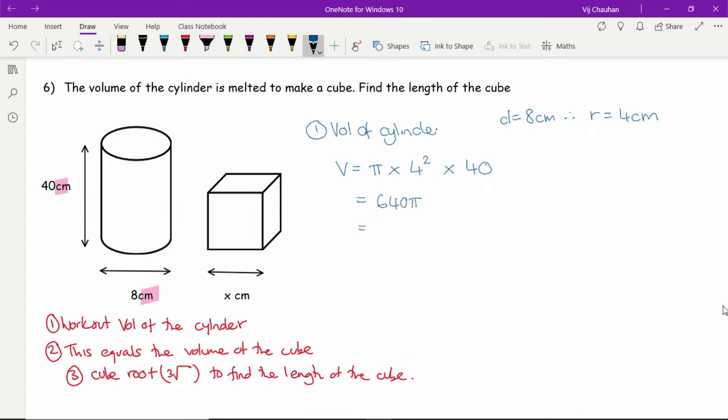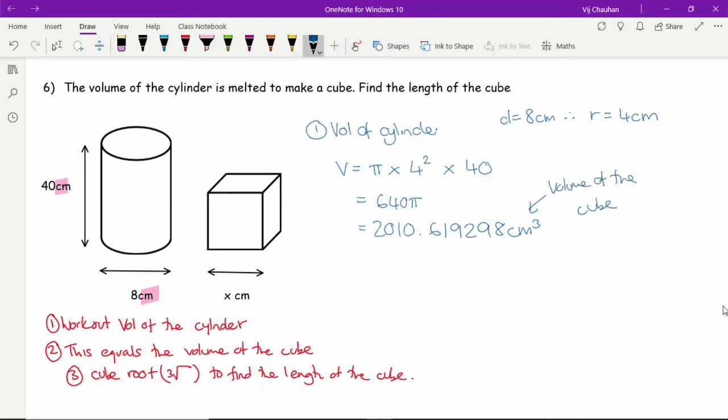And if I press the S-D button on my calculator, I get 2010.619298, and that's centimetres cubed. So this is the volume of the cube.